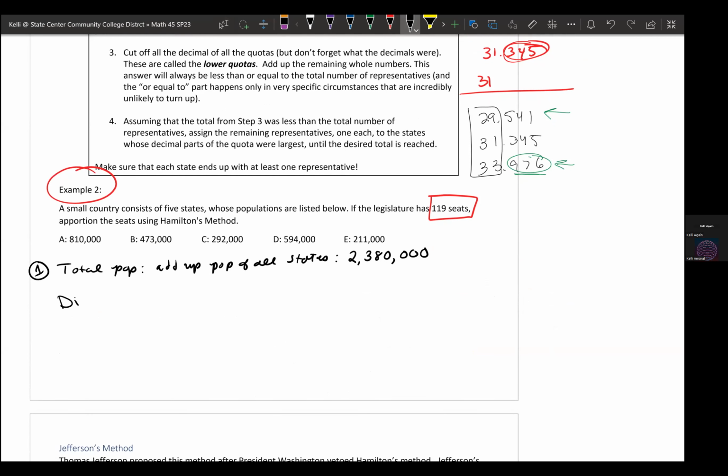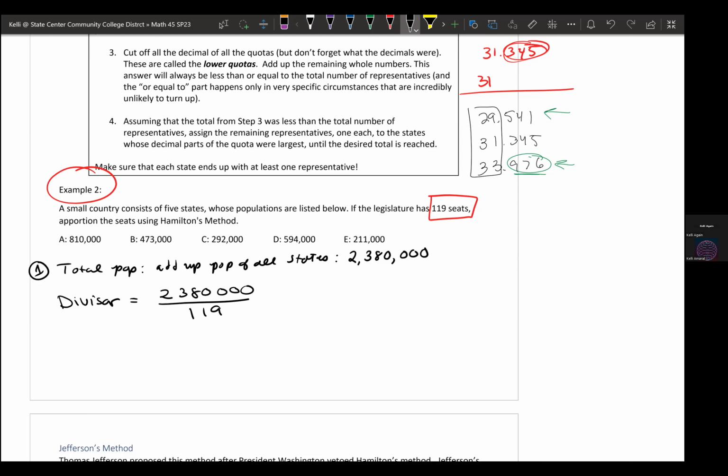The divisor equals the total population, 2,380,000, divided by the 119 seats. That divides the entire population into groups of size 119. So how many is that? I'm just going to use my regular calculator. So 2,380,000 divided by 119.